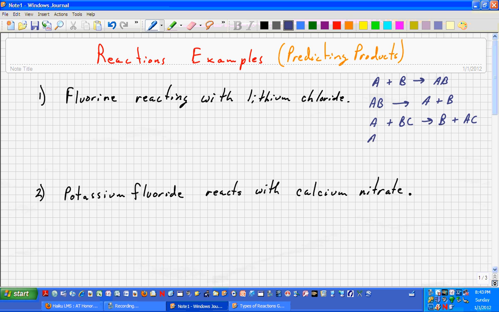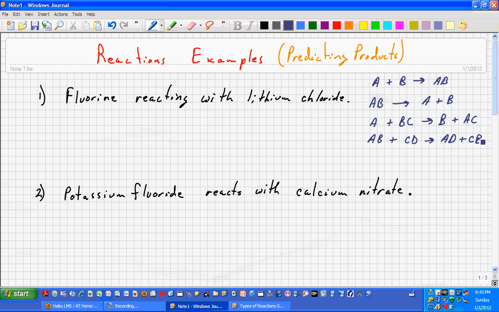A double replacement, where we switch partners.